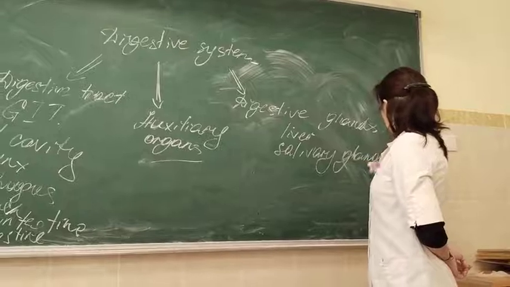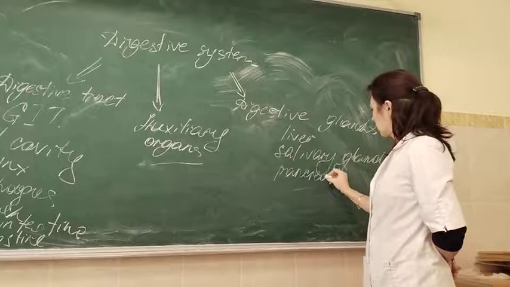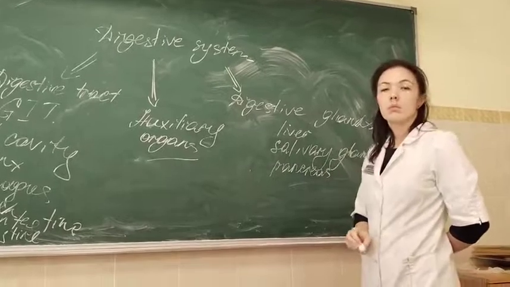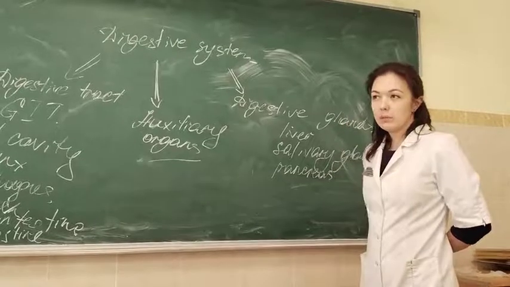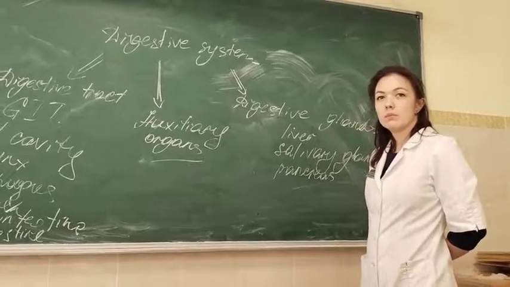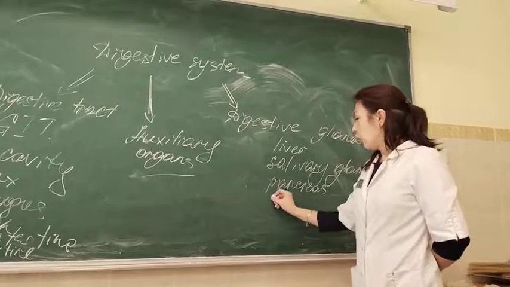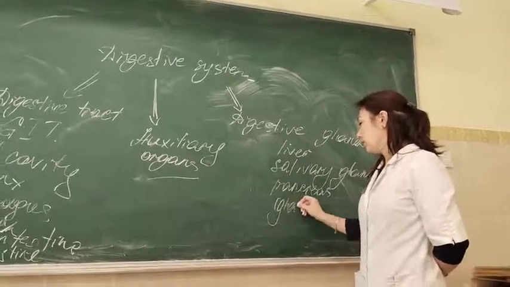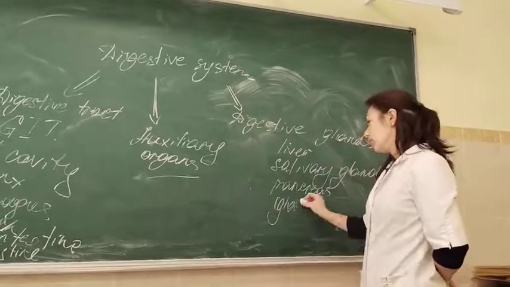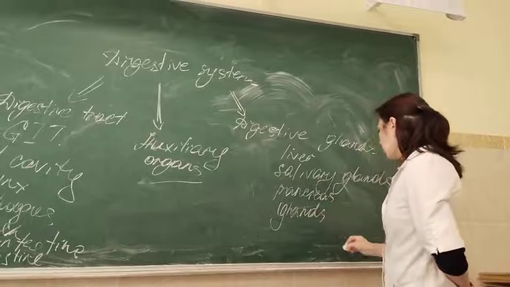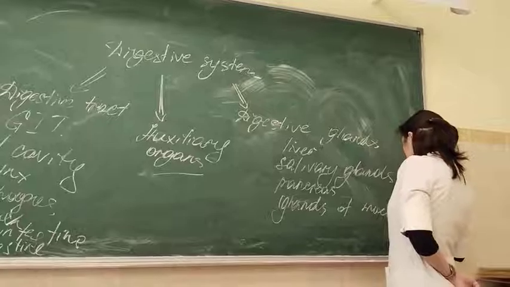Stomach. It's not a gland. It doesn't produce anything. But there are glands in the mucous membranes of stomach and intestines, including the duodenum. So all of them together we call glands of mucosa.